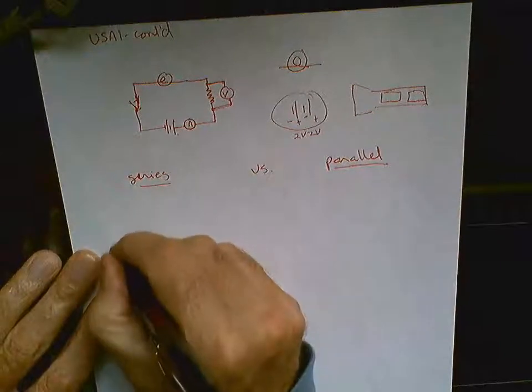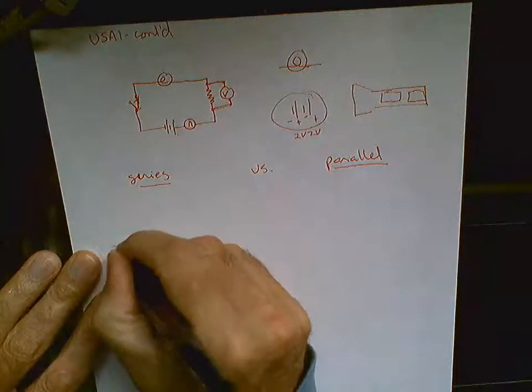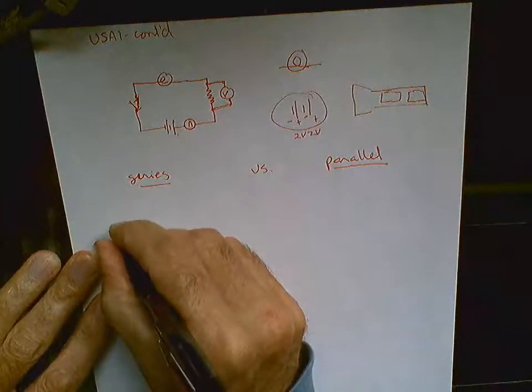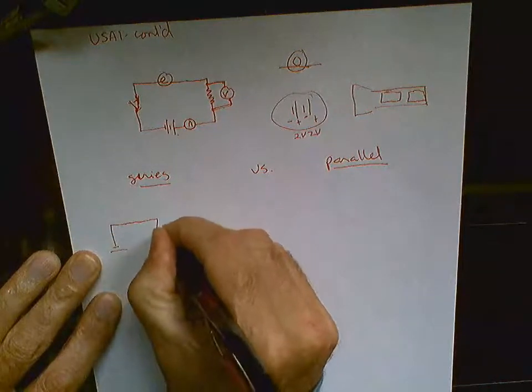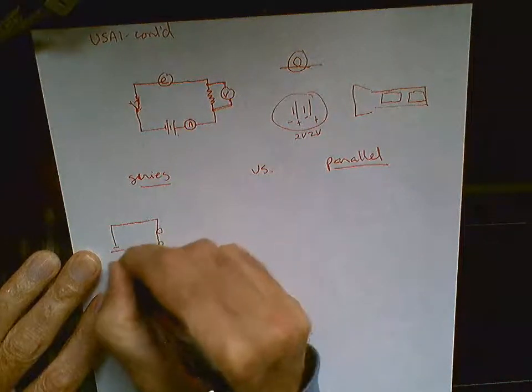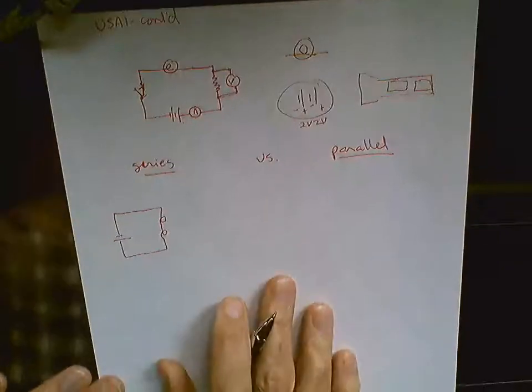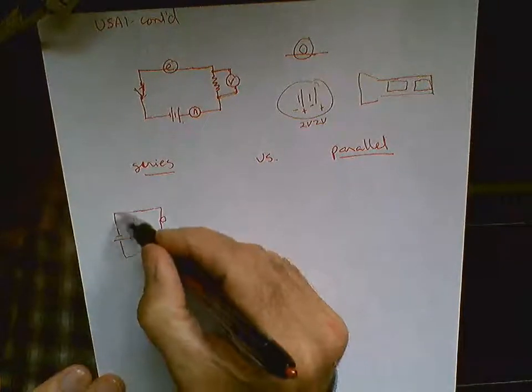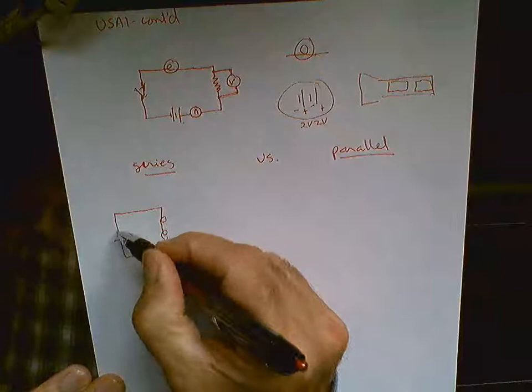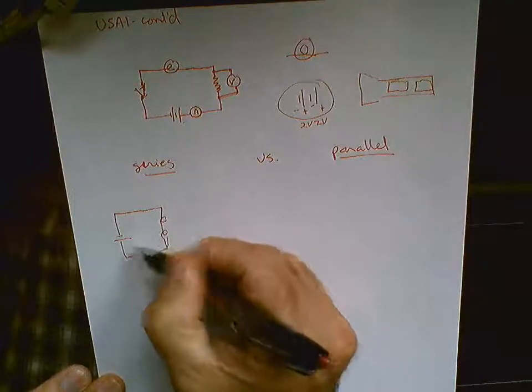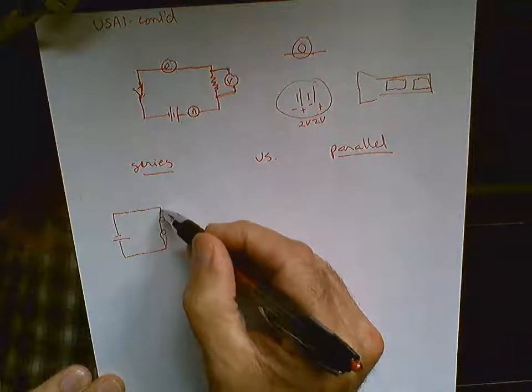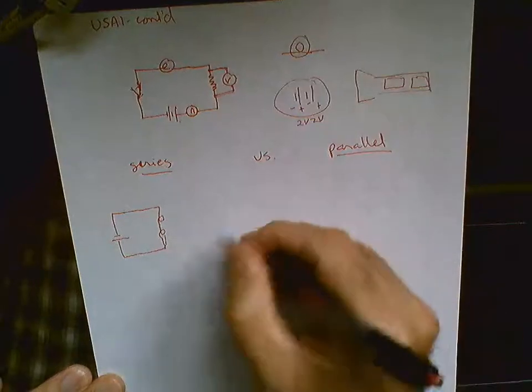Next thing, let's do a circuit in series. So we go from negative to positive. What makes this in series is all the loads are on the same circuit so that they're all on the same route going through. So if you go through one load, you go through the next.